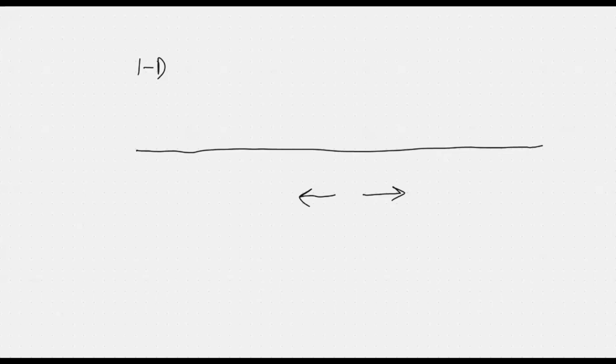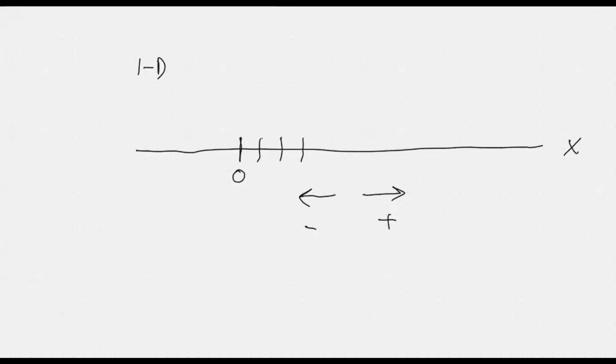To track this, it's useful to create a coordinate system. So we'll call this the x-axis, and we'll create an origin. An origin is an arbitrary reference point that you're going to say is position 0. And then you can keep track of distances in certain directions relative to the origin.